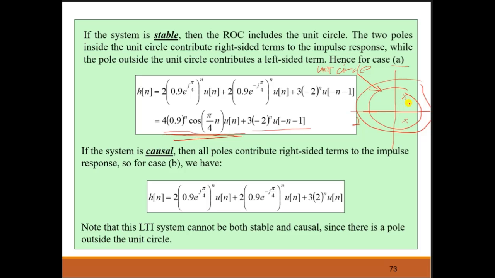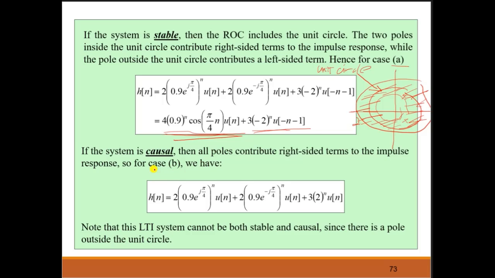Right, so dia kata tadi, the two poles inside the unit circle contribute to right-sided terms to the impulse response. So here, this part will go outward, and then sampai dekat dua ni, this is inward. So you dapat donut, dalam bentuk donut. So this one is stable, and dia adalah two-sided sequence.